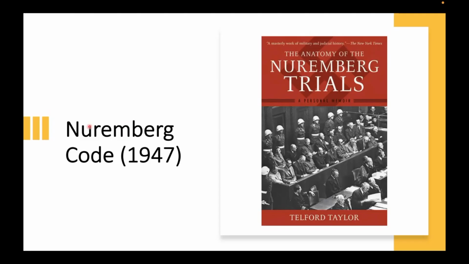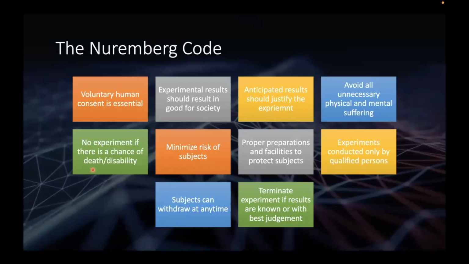So the Nuremberg Code of the Germans dates way back to 1947. And the Nuremberg Code had these following core principles. Number 1, human consent is voluntary. Human consent is essential.